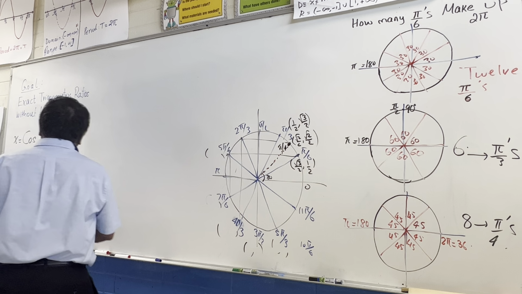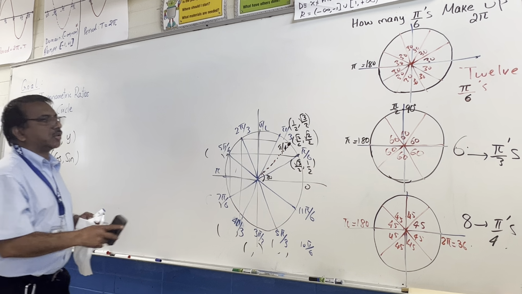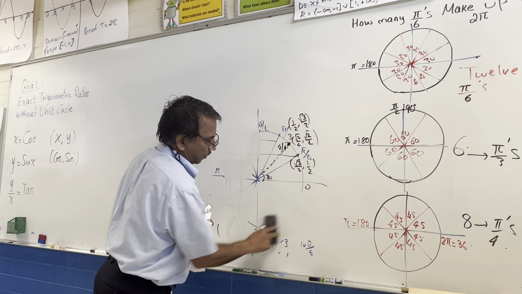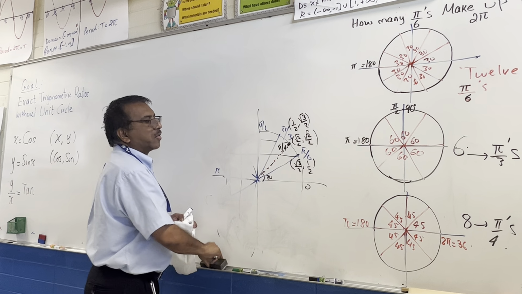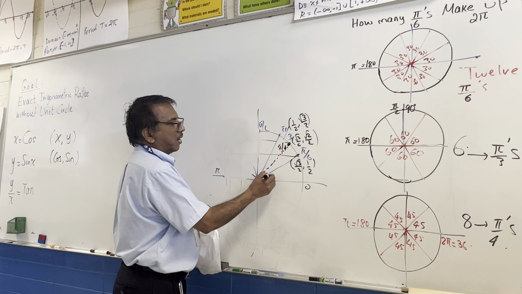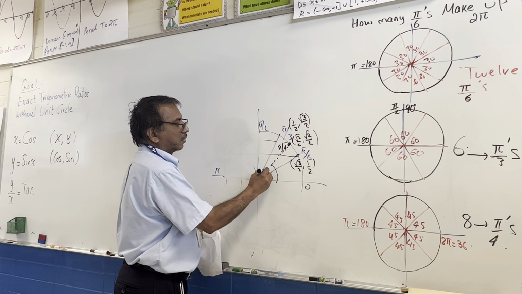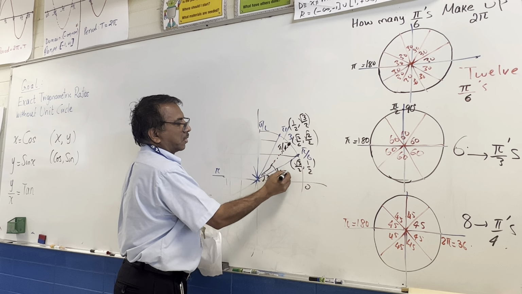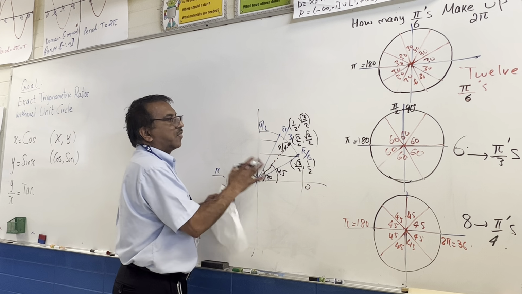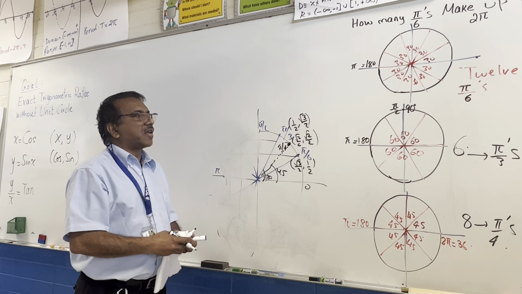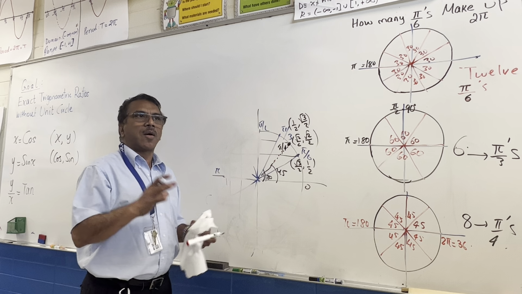So in today's video I wanted to show that by just knowing the 30 degrees, the 45 degrees and the 60 degrees, if you know these three, we can figure out any exact value of the trigonometric ratio.